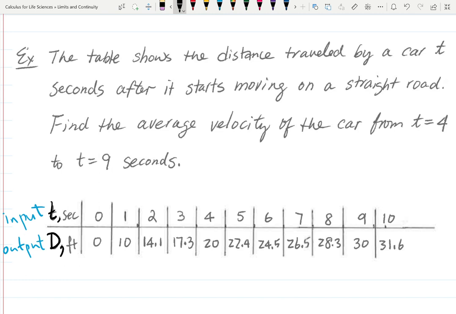When it started, it was 0 distance, in feet. At 1 second, 10 feet, at 2, 14.1, and so on. In 10 seconds, it's already past the 31.6 feet mark. They ask us to only work from 4 to 9. They don't care about 0 and stuff. So we're going to do from 4 to 9, like so.